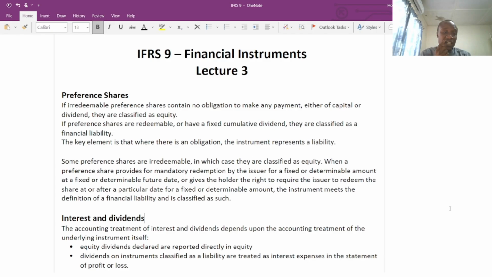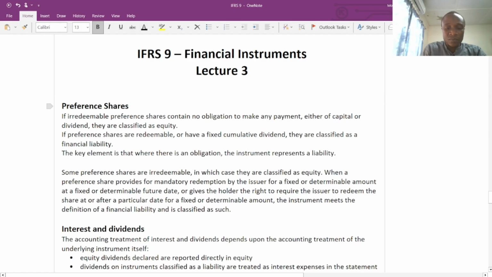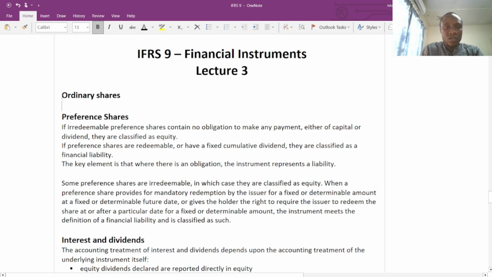We have two types of shares for this session: the preference shares and the ordinary shares. Let me explain the ordinary shares first, then we can look at the preference shares later. The ordinary shares are the main ownership of a company.